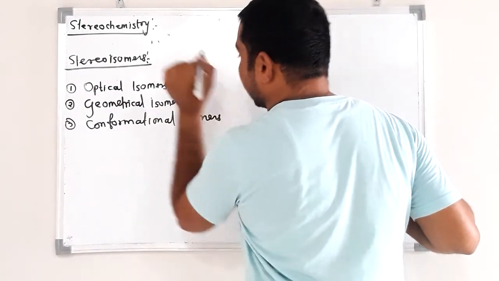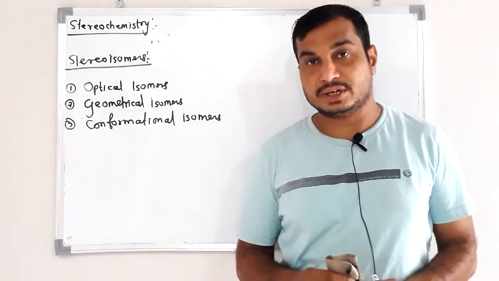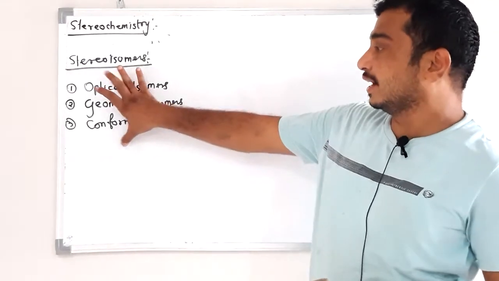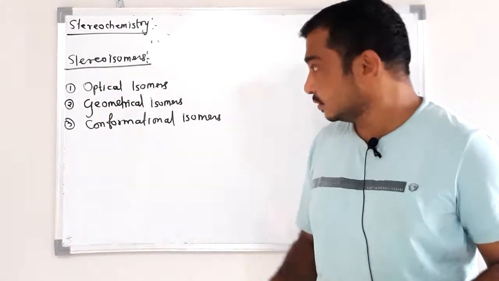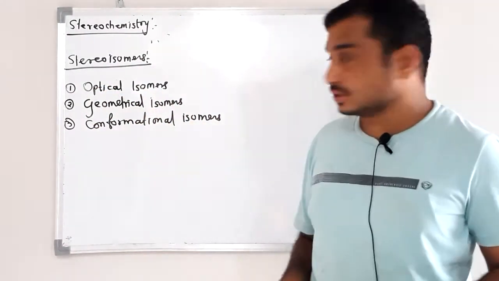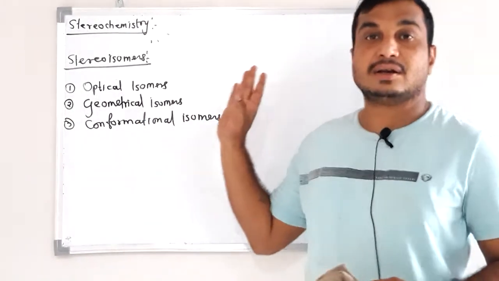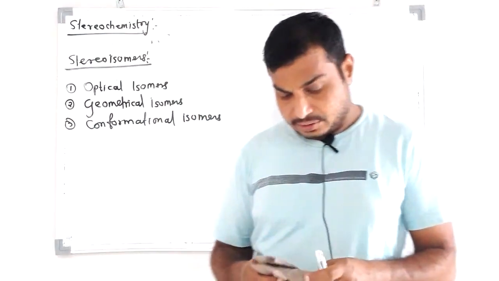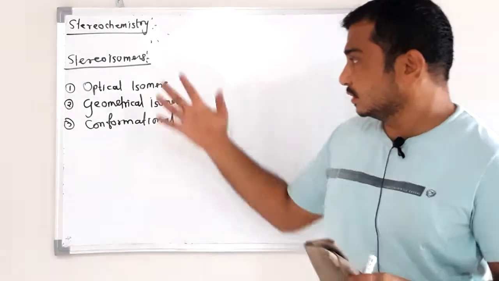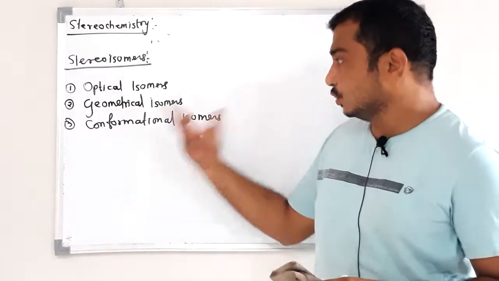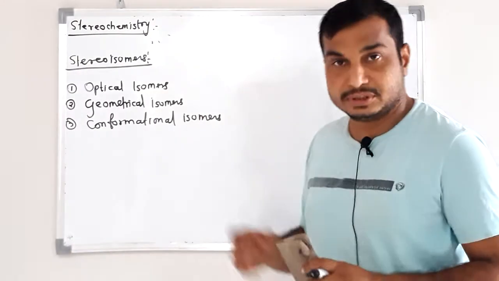So stereoisomers are broadly classified into three categories: optical isomers, geometrical isomers, conformational isomers. I will explain one by one: what is optical isomers, what is geometrical isomers, what is conformational isomers.